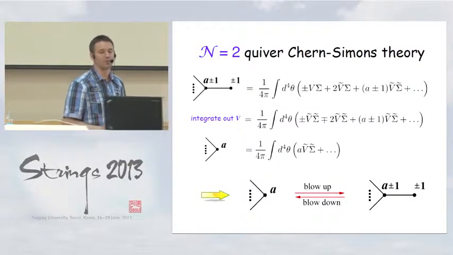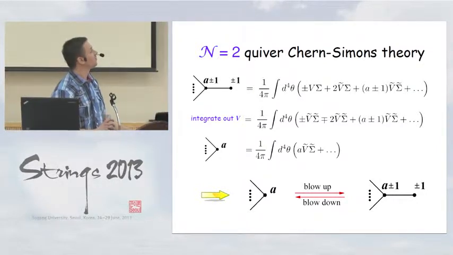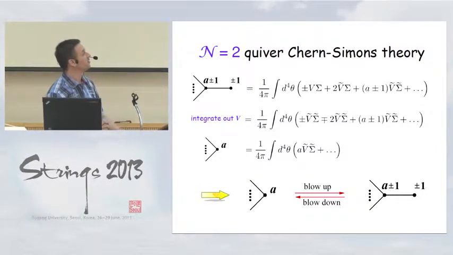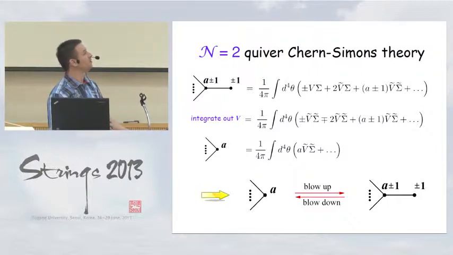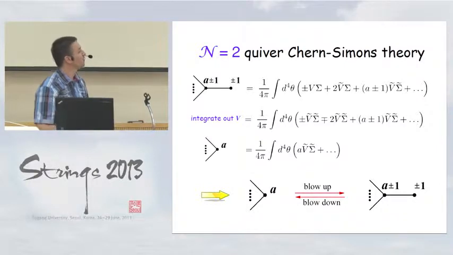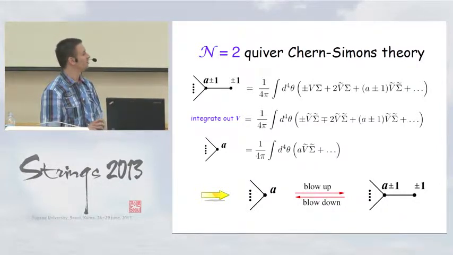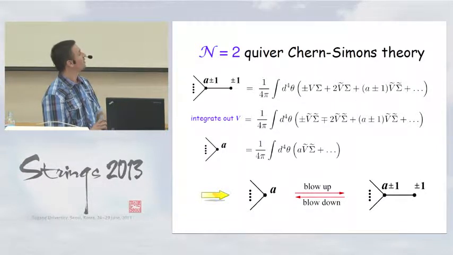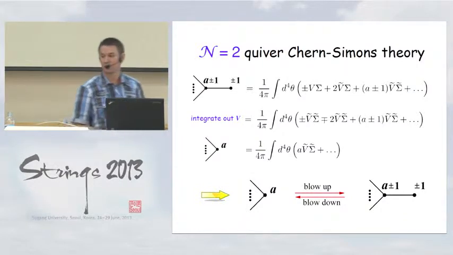Its equations of motion tell me that if I minimize this action, V tilde is ∓V. Substituting it back, the coefficients were chosen in such a way that after the dust settles, you end up with the Chern-Simons term just A, V tilde sigma tilde. So we shifted this label A ± 1 to make it A, shifted it by 1.